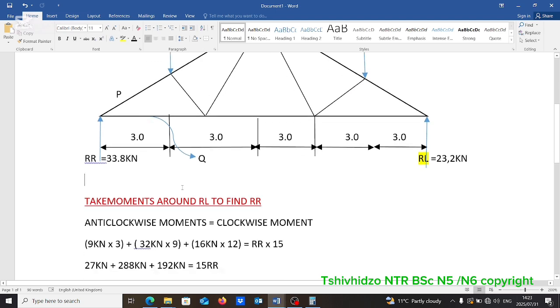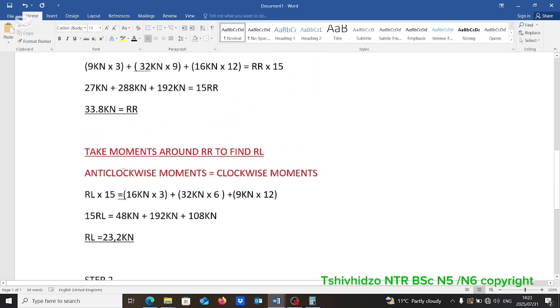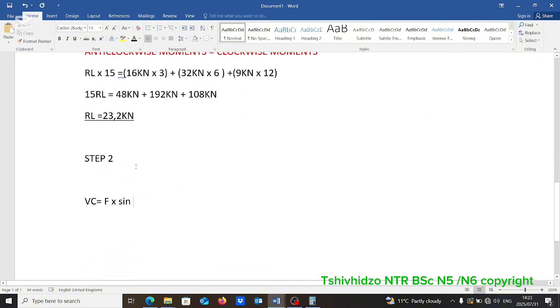But you have to understand the following information. We have the vertical component, VC, which equals force multiplied by sine of the angle. Here, because in our frame we have 25, we'll say 25 degrees.